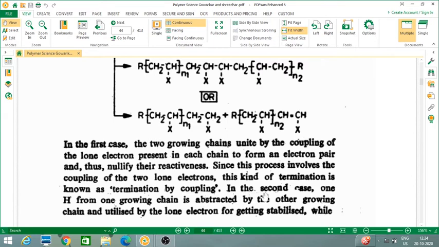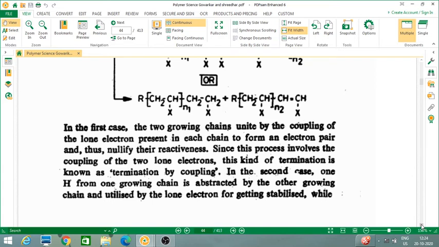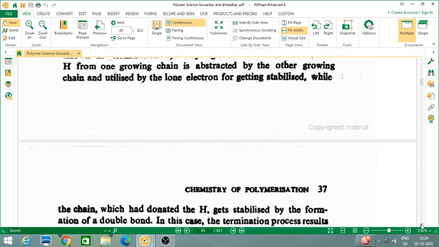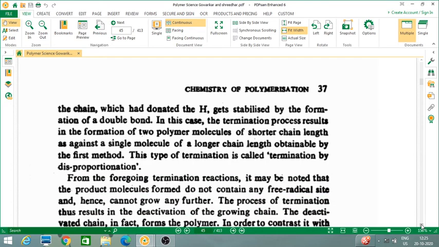In the second case, one hydrogen from one growing chain is abstracted by the other growing chain and is utilized by the lone electron for getting stabilized, while the chain which had donated the hydrogen gets stabilized by the formation of a double bond, like I said earlier.